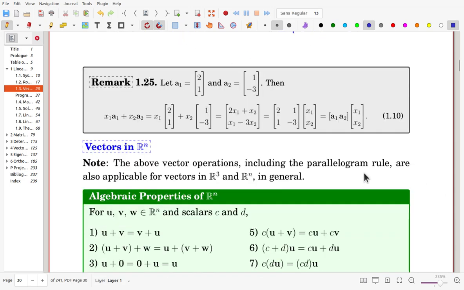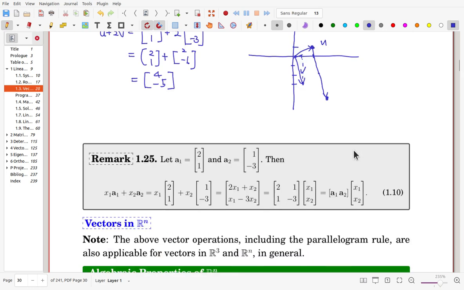The same vectors we considered here, we rename them a1, a2. Then by using some general coefficients x1, x2, we consider x1 times a1, the scalar multiple, and x2 times a2. Then scalar multiple and vector addition, we can reach that one.